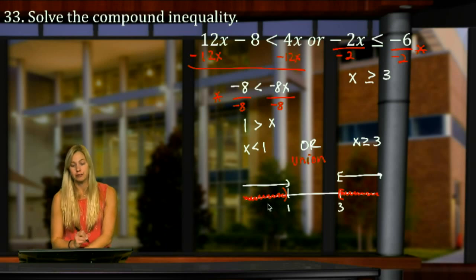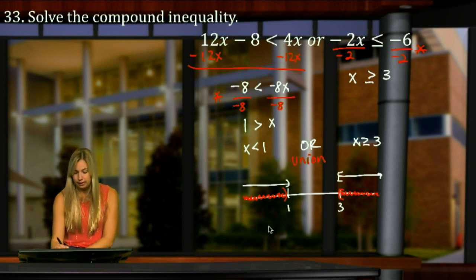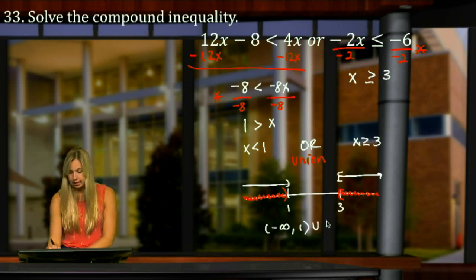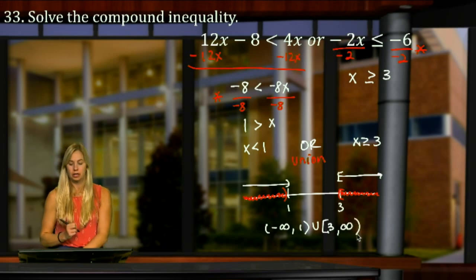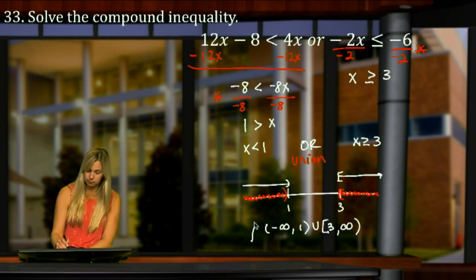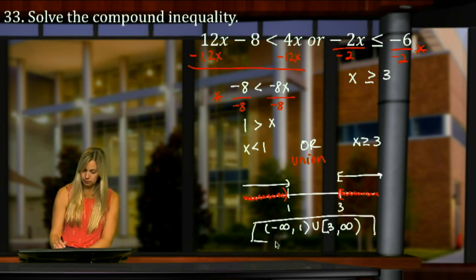My first interval, reading from left to right, begins at negative infinity and goes all the way to 1. Union, my second interval begins at 3, and I'm including that value, and goes all the way to positive infinity.